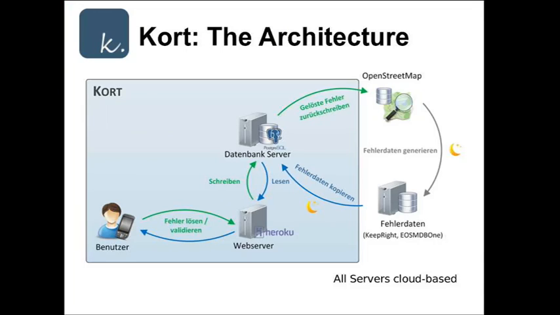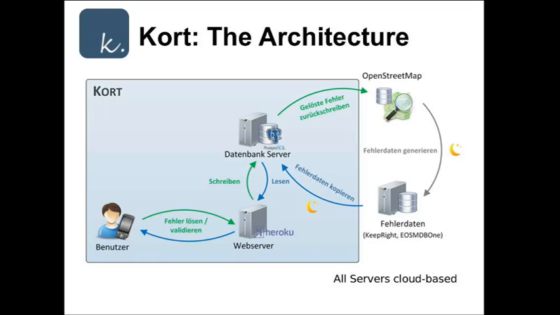So the architecture, some technicalities about the Kort game. It's rather differentiated behind the wall. So this is the user, and sorry for the German, they're not translated graphics. That's the user who does a mission, who submits a mission. Then there is a web server which organizes everything, which orchestrates the thing.